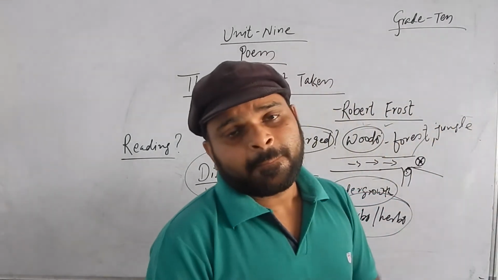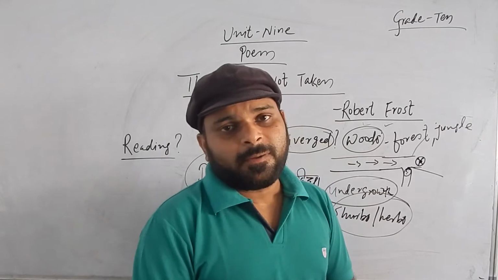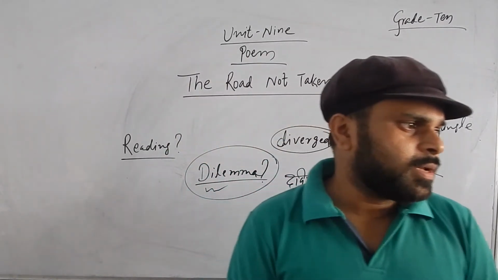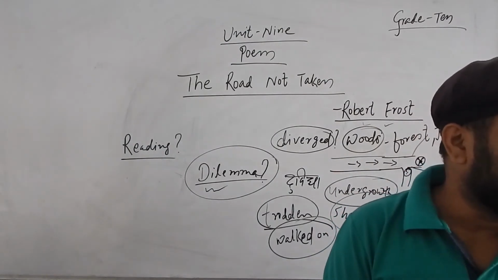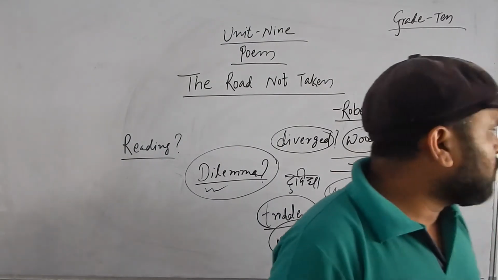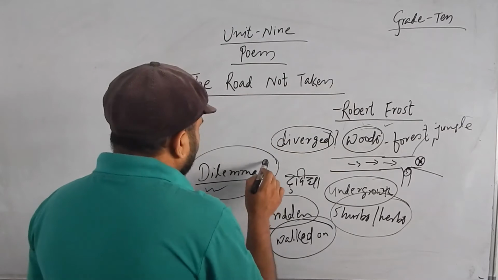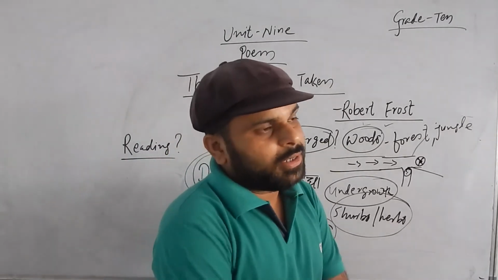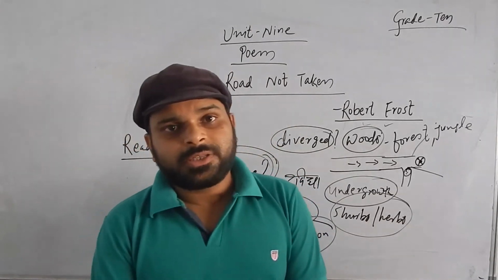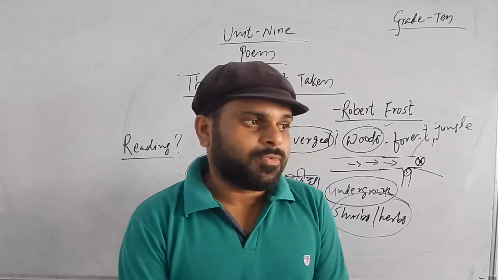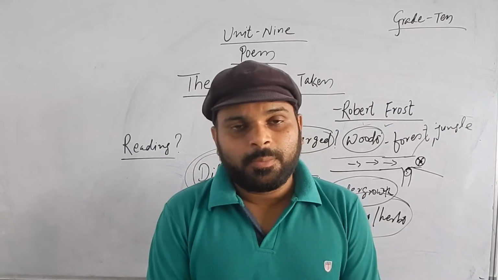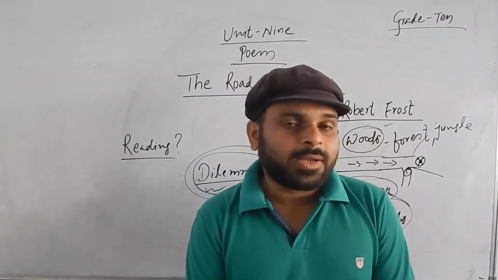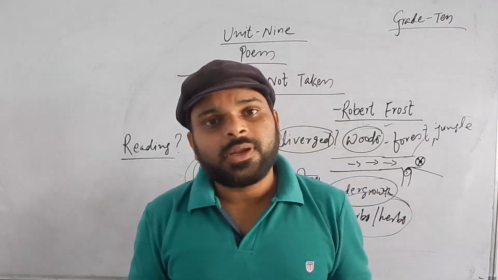But in the final stanza, he is a little bit different. He doubted if I should ever come back. You know, we are talking about the dilemma. And still, his dilemma is in its place while we come to the final stanza of the poem. He is telling us that he was really confused.